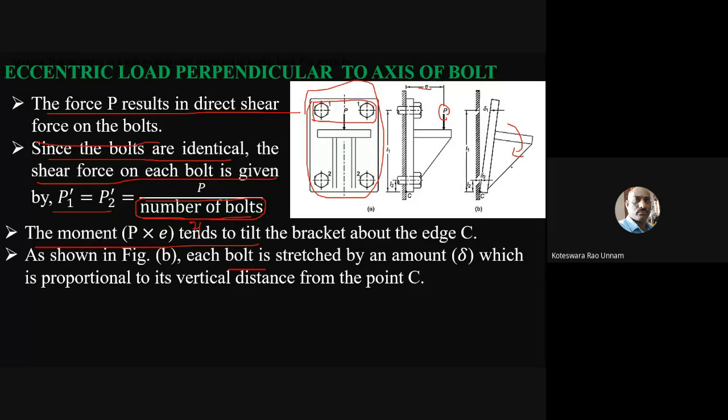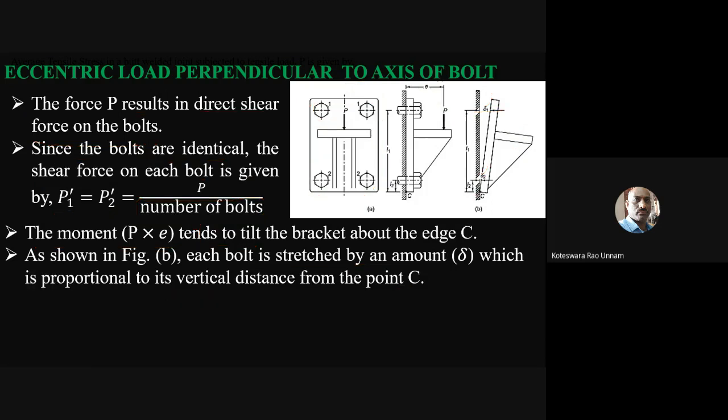If we apply a moment to this, it will tilt like this. Because of that, the top bolts will be elongated by delta 1 and the bottom bolts will be elongated by delta 2. So each bolt is stretched by an amount delta which is proportional to its vertical distance from point C. You can clearly see that from the diagram here.